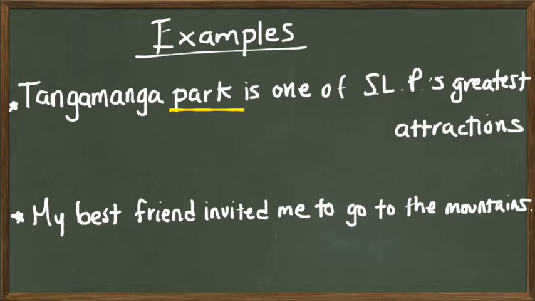Example number 2. My best friend invited me to go to the mountains. And here we have our new vocabulary words. Keep practicing on that pronunciation. One more time for you, mountains.